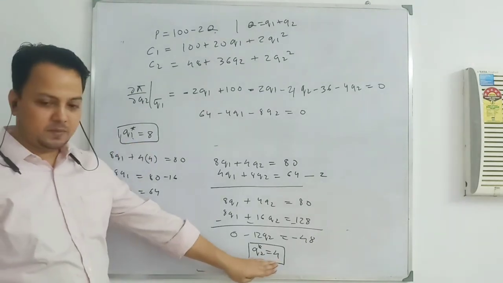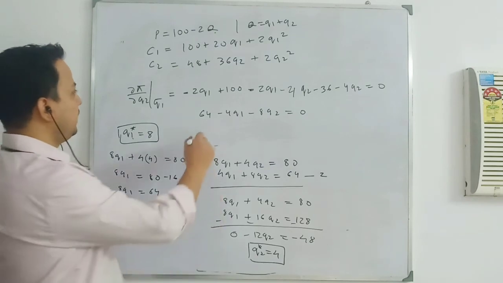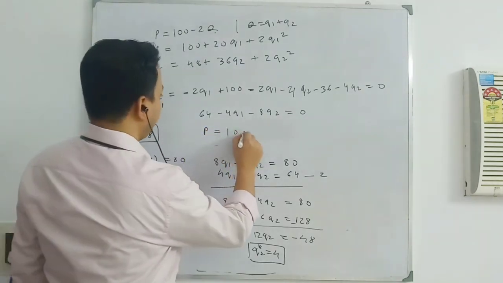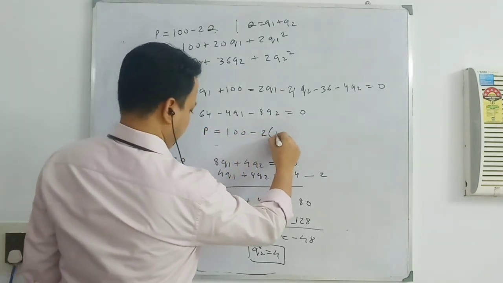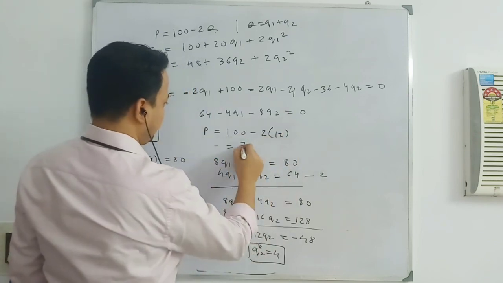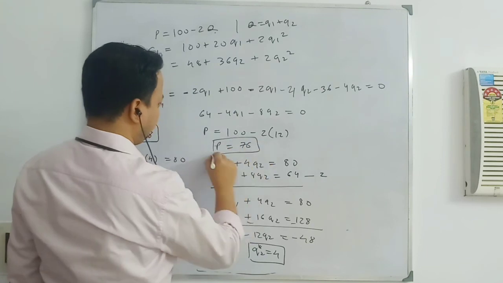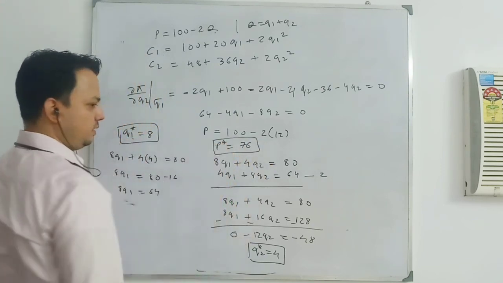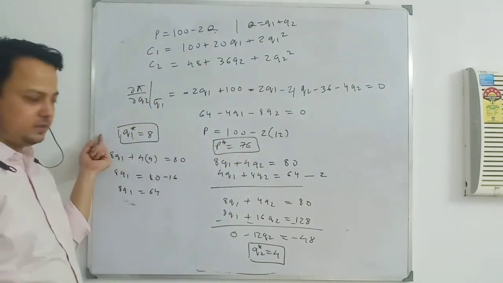This will be the profit maximizing output for firm 2, and the price that this firm will be charging will be 24 minus, 176. This is the equilibrium price. If you remember the graph, you can put 76. Okay.